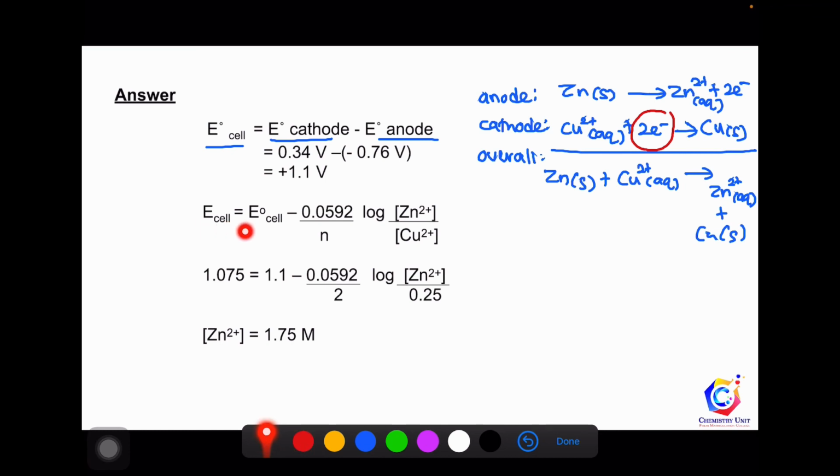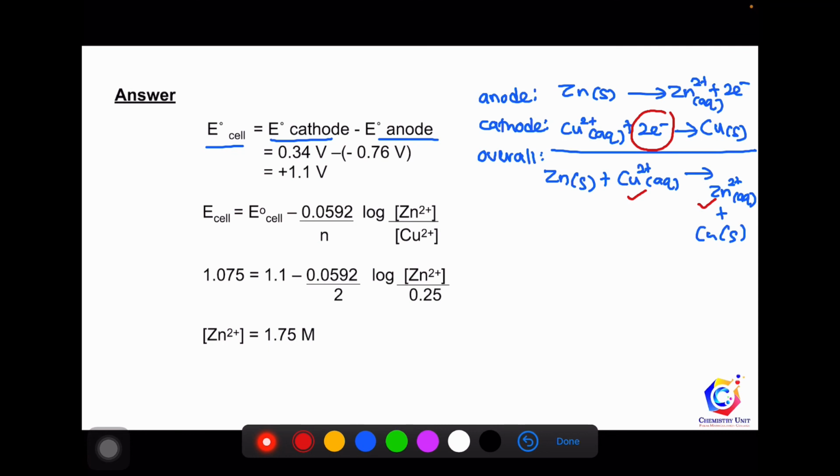Next, write out the Nernst equation. That would be E cell equals to E naught cell minus 0.0592 divided by N log concentration of product divided by reactant. From your overall equation, you should be able to see that only zinc 2 plus and copper 2 plus will be included in the Nernst equation since they are in aqueous phase.